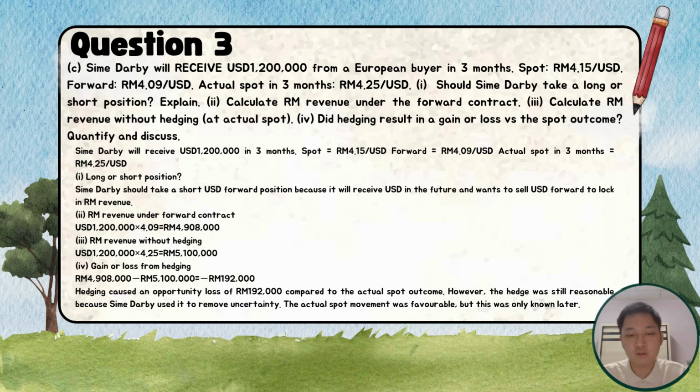This means hedging cost an opportunity loss of RM 192,000 compared with the actual spot outcome. However, the hedge was still reasonable because SimW used it to remove uncertainty. The company only knows later that the spot rate would move in a favorable direction.